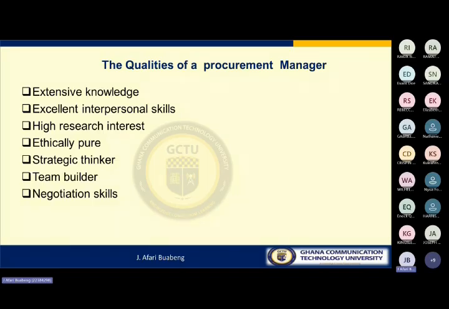ethically pure, and then to be a strategic thinker. Sometimes you can even decide to buy more of a certain product now, even though there's no immediate demand. But because you are looking into the future, maybe after going through statistics, historical data, after looking at the trends, you anticipate prices for such a product to increase maybe in the next quarter or in the next half of the year.